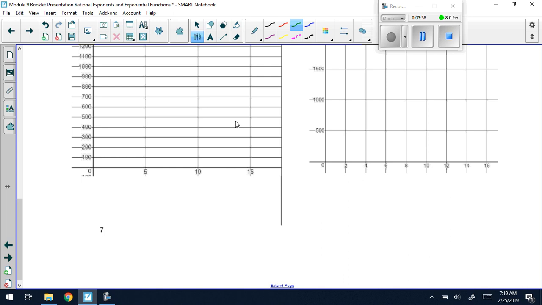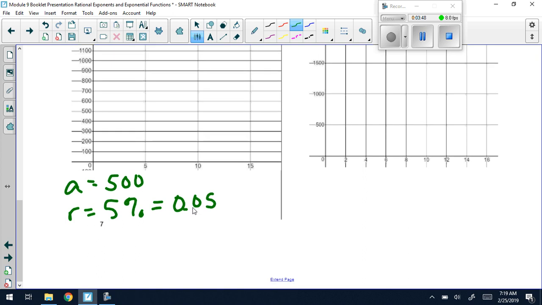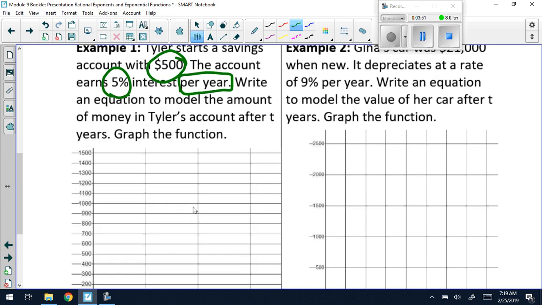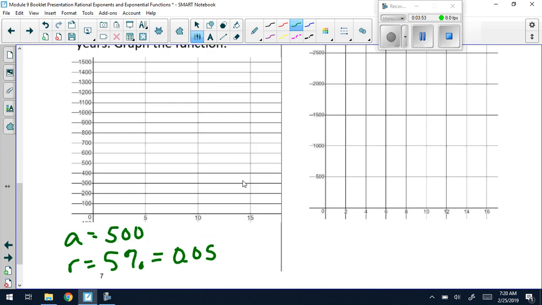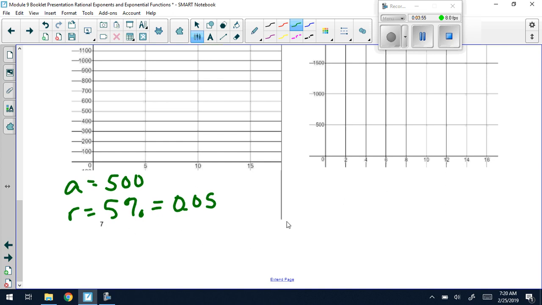So coming down here, our initial amount was 500. Our rate was 5%, which we're going to change to a decimal. And we want to know after t years. So t is our variable. So we're going to use our growth, because hopefully when we invest money, we're using growth.